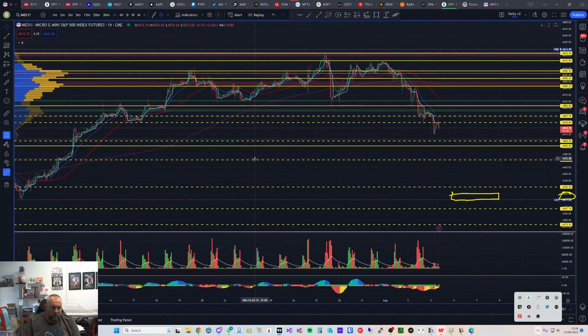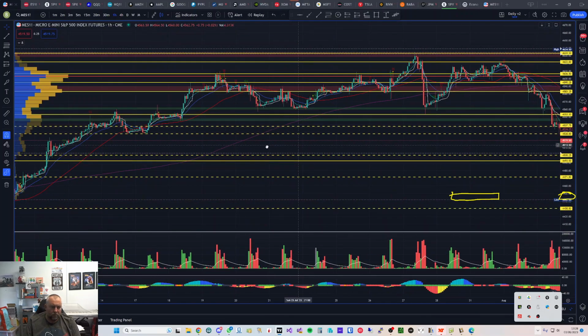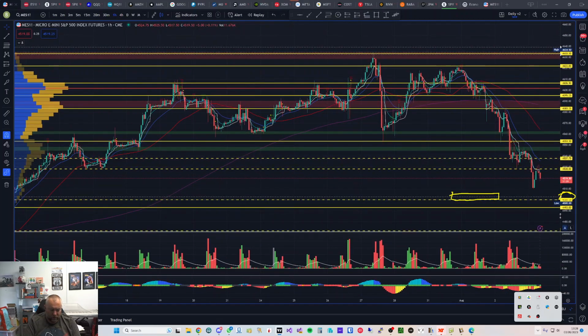So we've got this little double bottom. I'm just trying to get it to fit on the screen better. So we've got this double bottom area here, which is 45. We've gone through that, and that was what created this level.